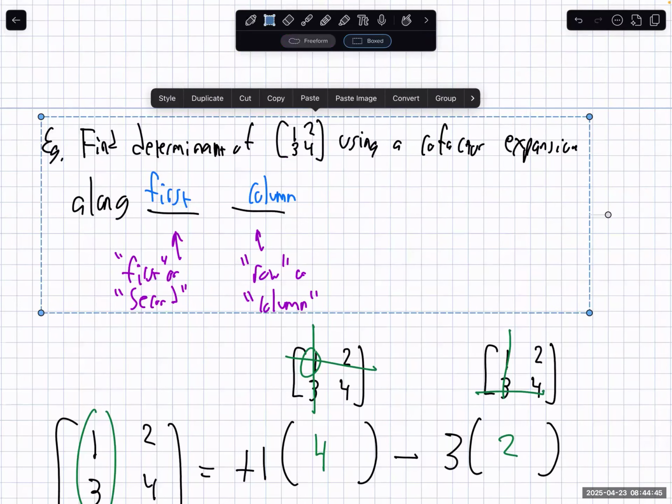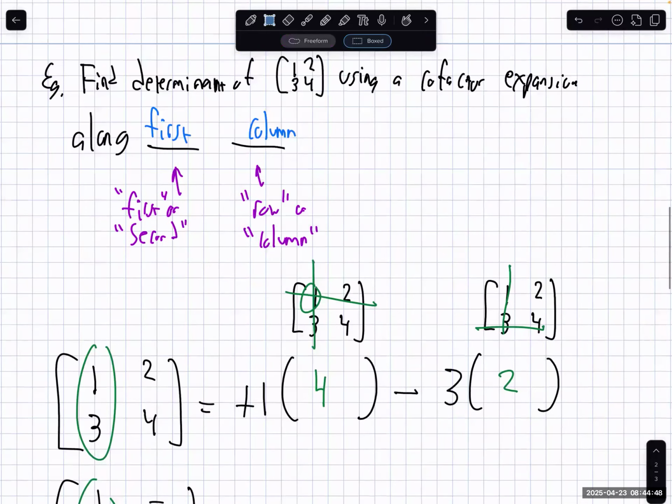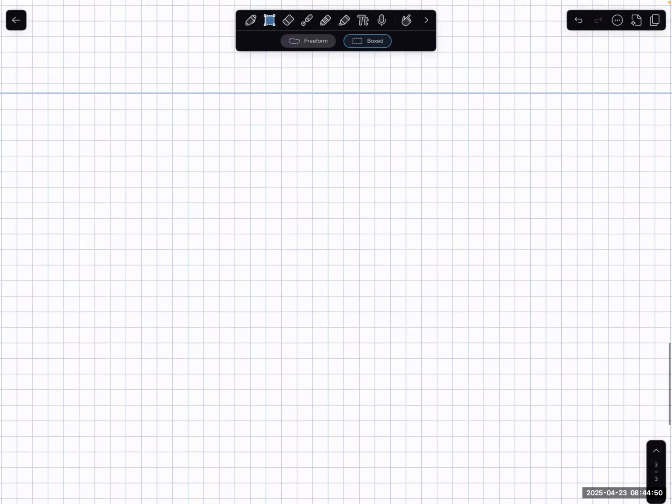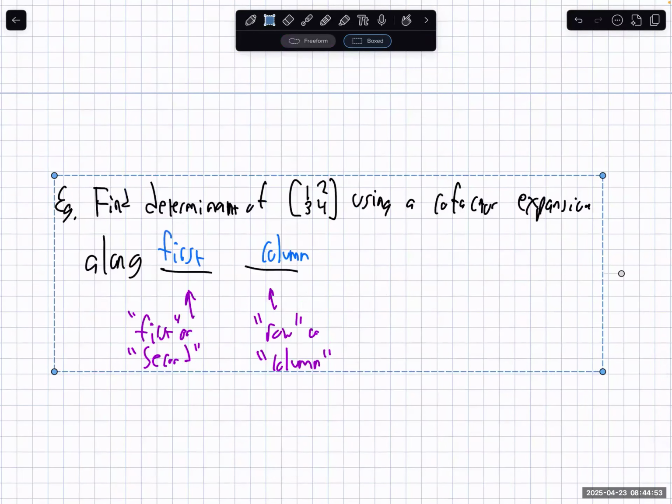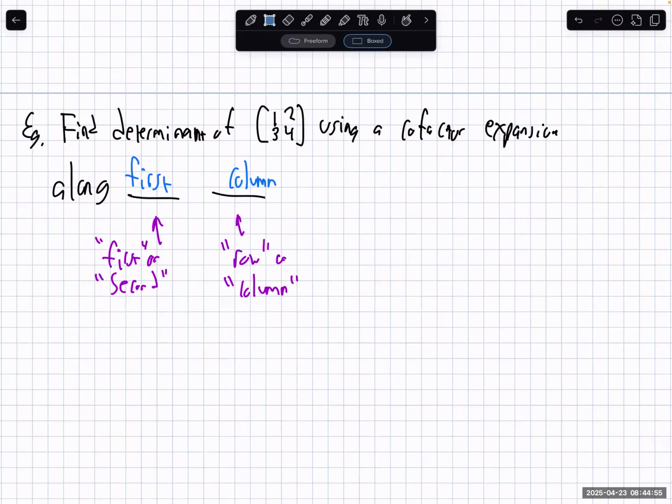Let's try it again, but you can't say first column. I want to emphasize you can pick any row and any column. So first or second. Okay, I'll go second, row or column. I'll say row. But you could have picked anything here. Original matrix.